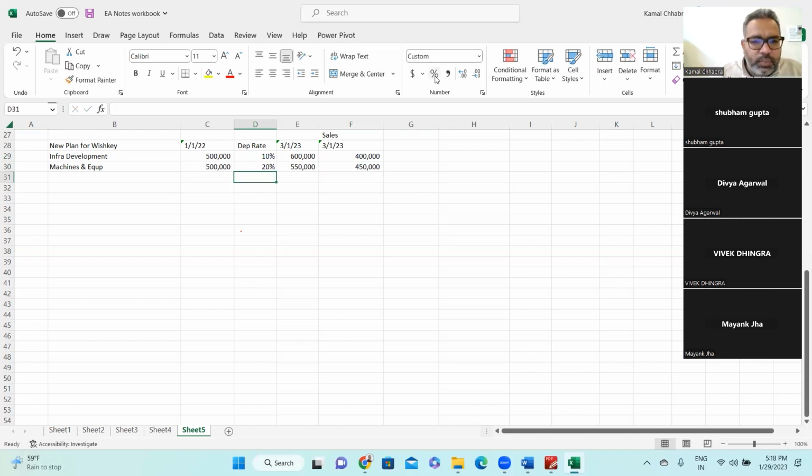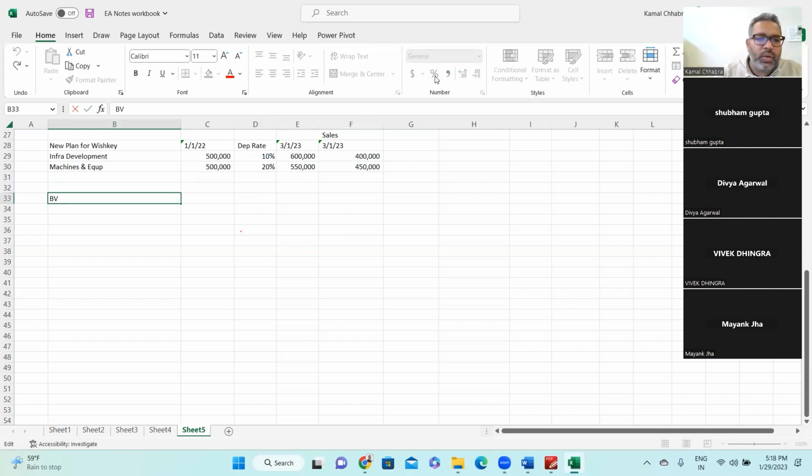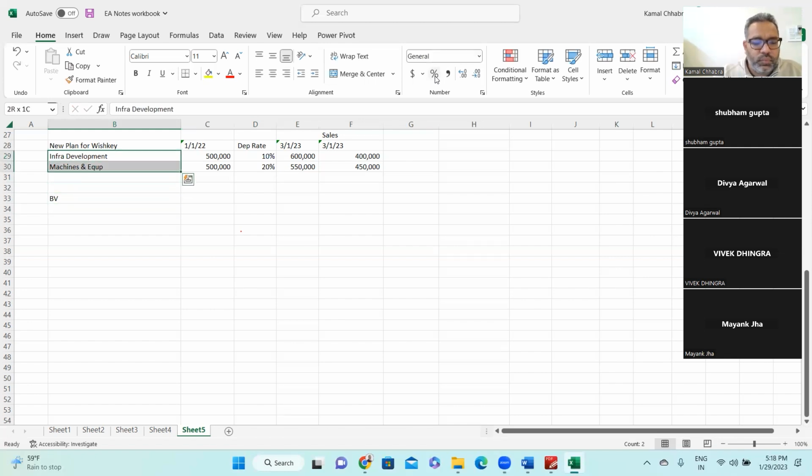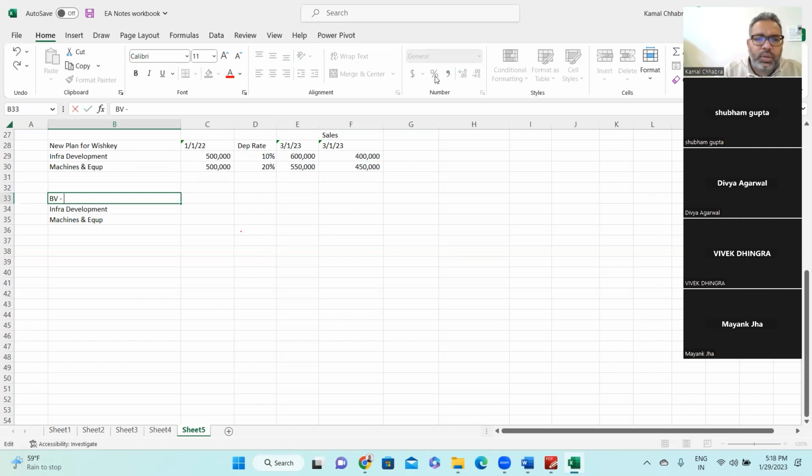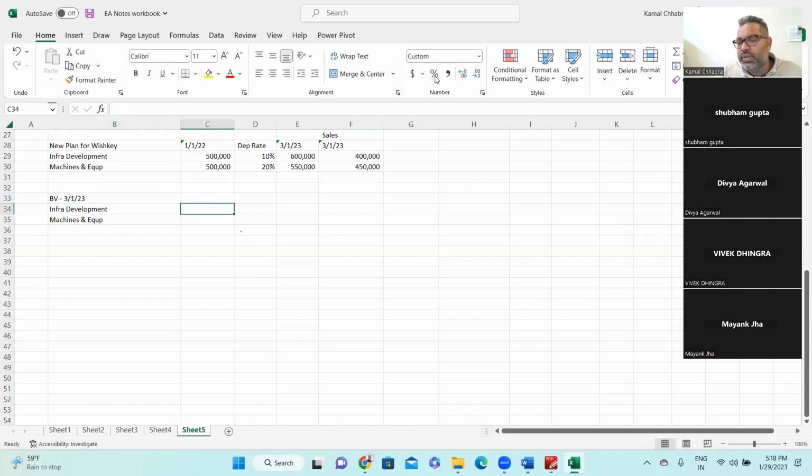Now, what is the book value? First, we need to calculate the book value at the time of sale. When are you selling? 3/1/23. So let's assume 15 months of depreciation you need to charge.